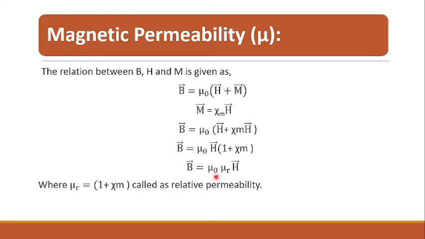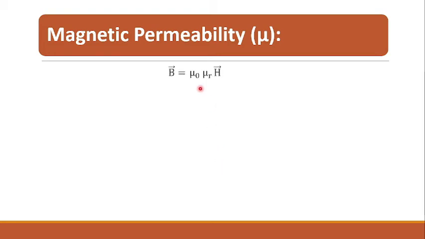Mu 0 is the permeability of the free space or vacuum, and mu r is the relative permeability, right? Now, so B vector is equal to mu 0 into mu r into H vector. So we can write mu 0 into mu r is equal to mu, called the magnetic permeability of the material. So magnetic permeability is the product of relative permeability and permeability of air or vacuum.